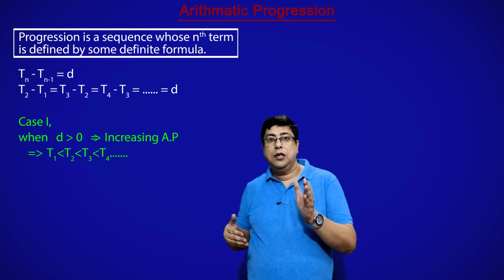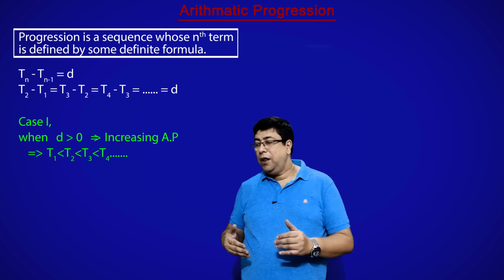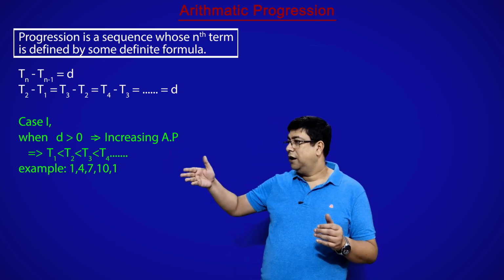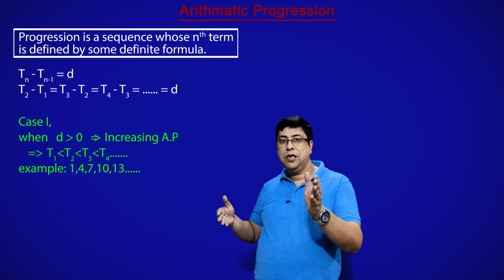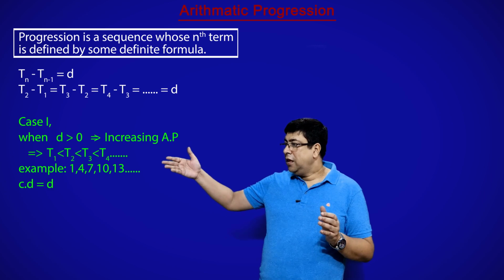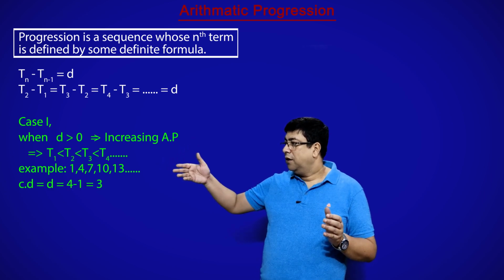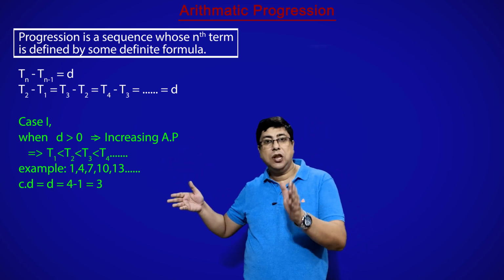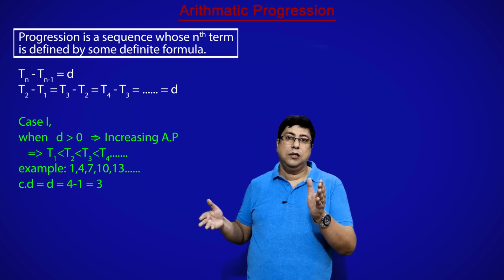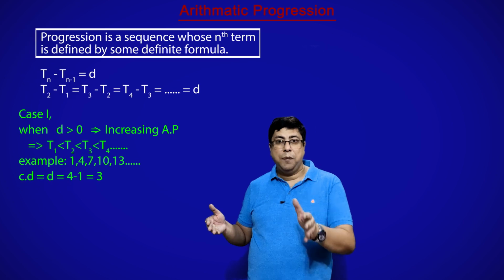It means d is greater than 0. For example, the AP is 1, 4, 7, 10, 13. Just see one thing here. In this case, we get the common difference by any second term minus first term. Here the common difference is 3. That is, by adding 3, new terms are being formed. So this is the increasing AP.